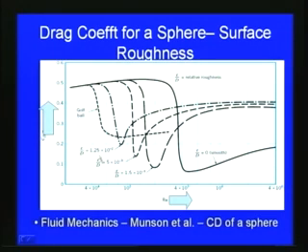For various values of epsilon by d, where epsilon is the roughness and d is the diameter of the sphere, the coefficient of drag changes with Reynolds number like this.